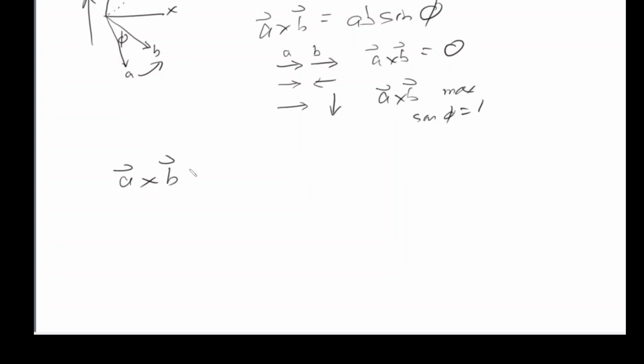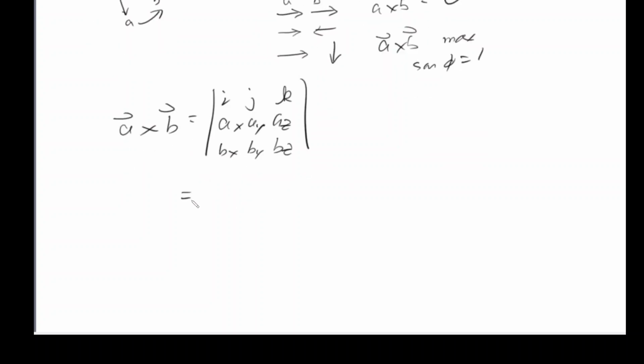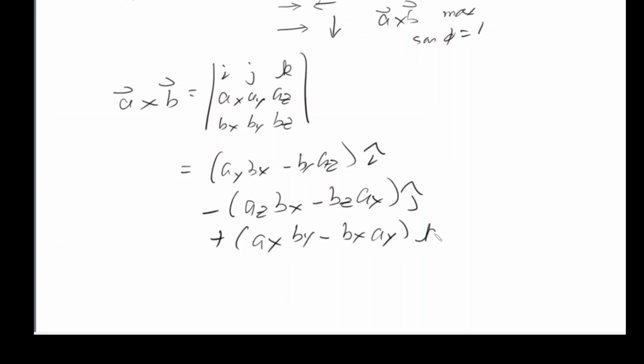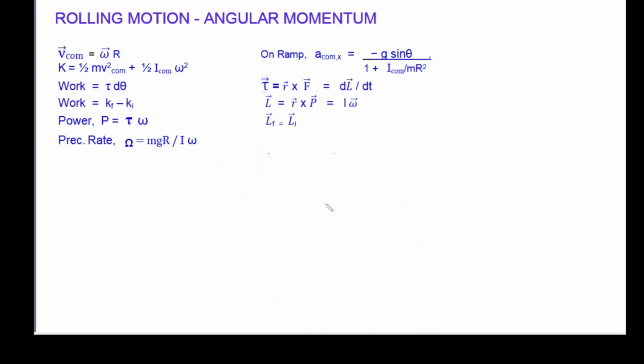So A cross B is equal to, if you put that into a matrix, AX, AY, AZ, BX, BY, BZ, and that becomes AY BZ minus BY AZ, I, minus AZ BX minus BZ AX, J, plus AX BY minus BX AY, K. So this gives us our third vector perpendicular to the plane of A and B. Okay, so let's get back to torque.